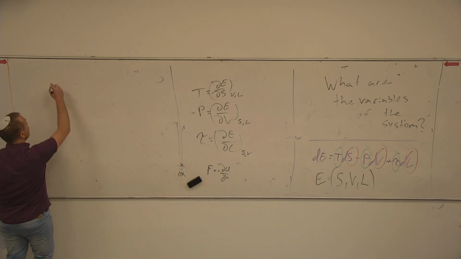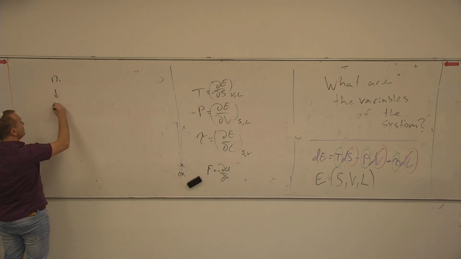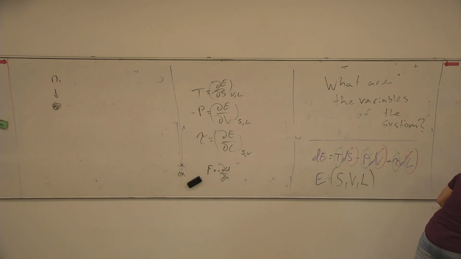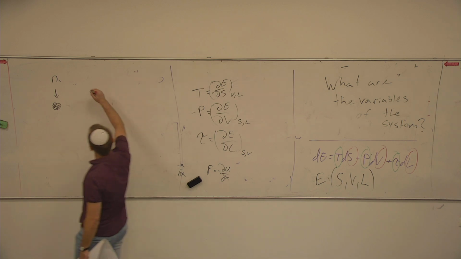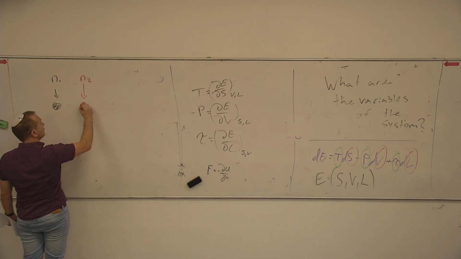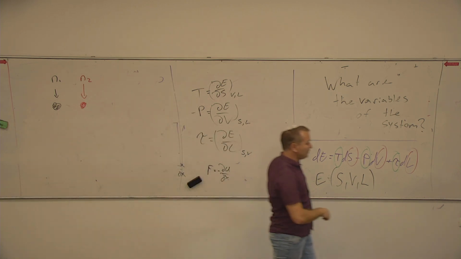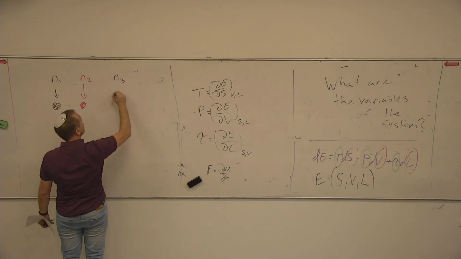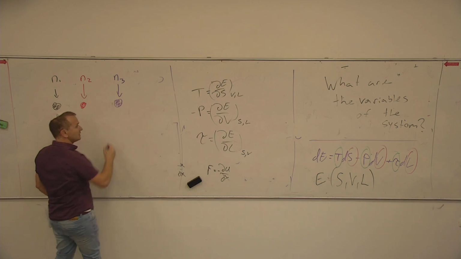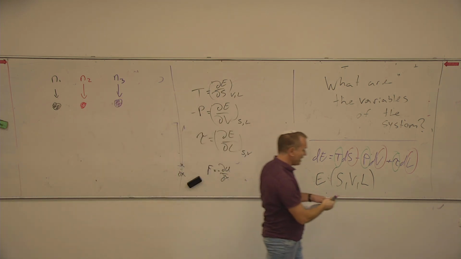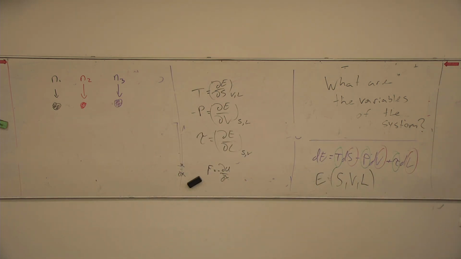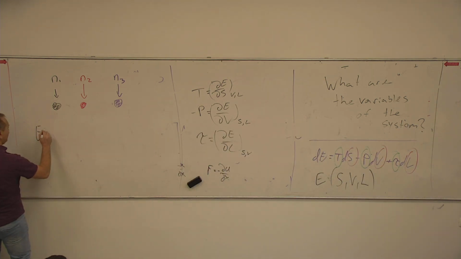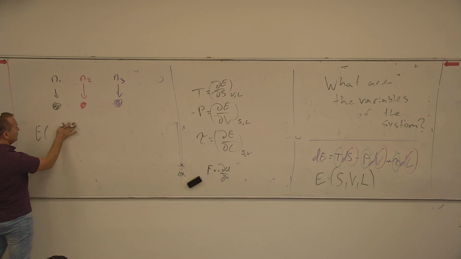So let's assume that I have N1 is the number of black particles, and N2 is the number of red particles, and N3 the number of purple particles inside the system. So in general, when I'm writing my energy, I have to assume that it depends on the entropy.